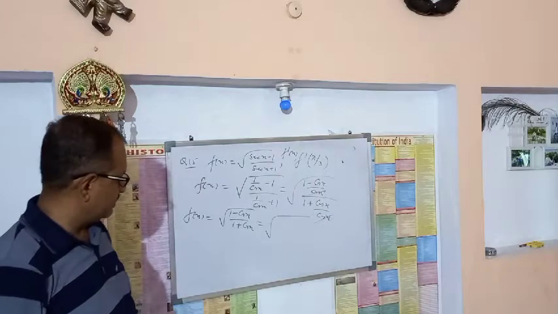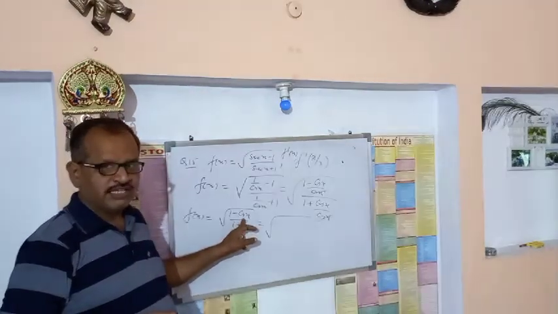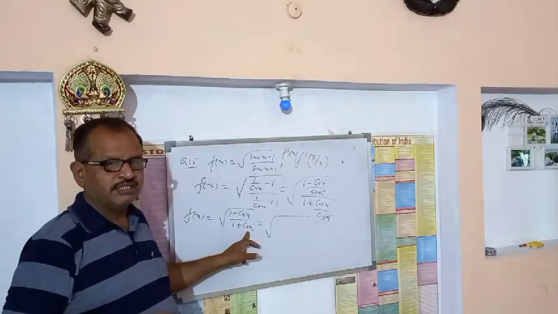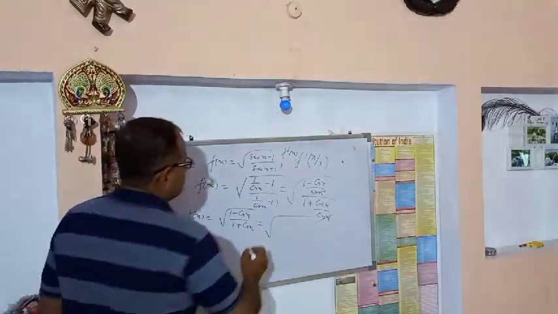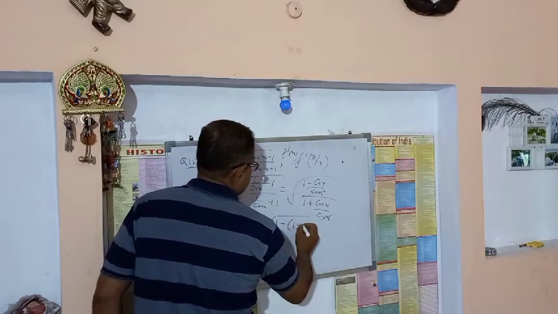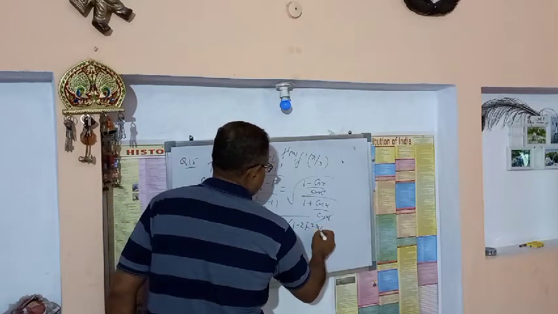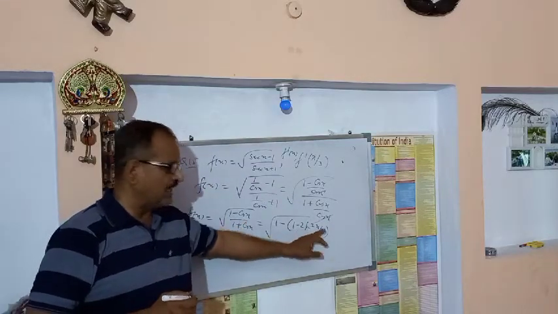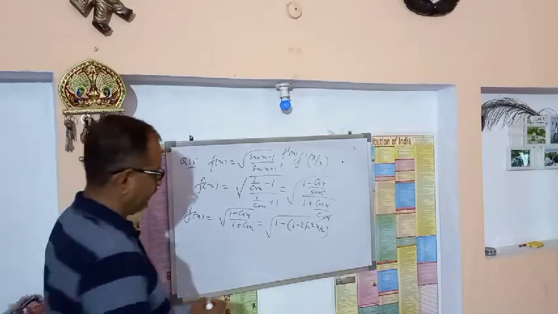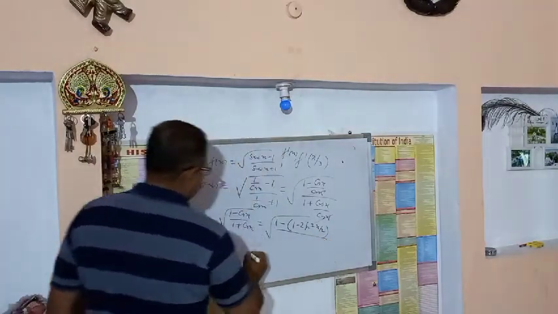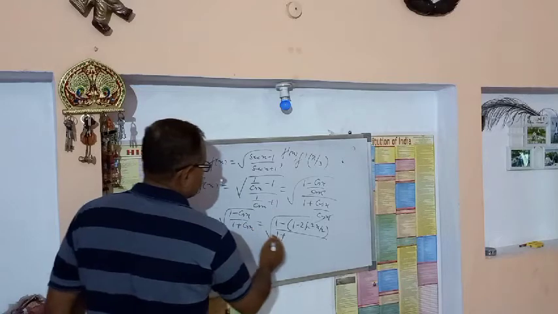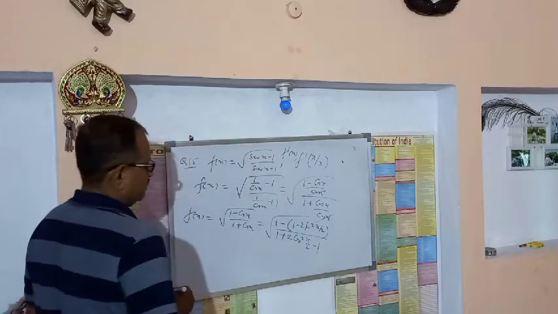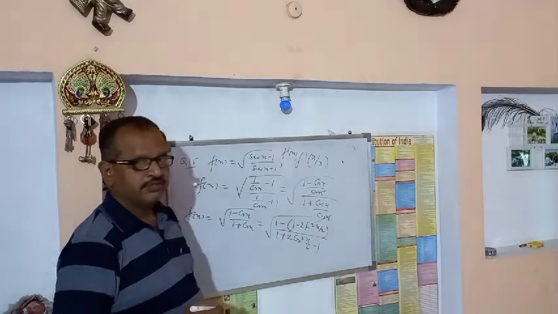Again we can simplify it. Write the formula of cos x in terms of sine in the numerator, and in the denominator the cos x formula in terms of cos. We know that cos x is 1 minus 2 sine square x by 2 in terms of sine, upon cos x formula is 2 cos square x by 2 minus 1 in terms of cos.